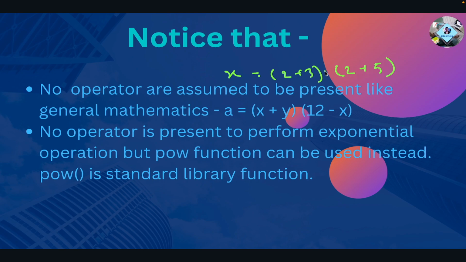What we assume is that there is a multiplication operator because of these brackets. In C programming it is not happening. So you have to give that operator. It is not present. You don't assume that it is present there. So if you want to do something like this, then you have to write x plus y.